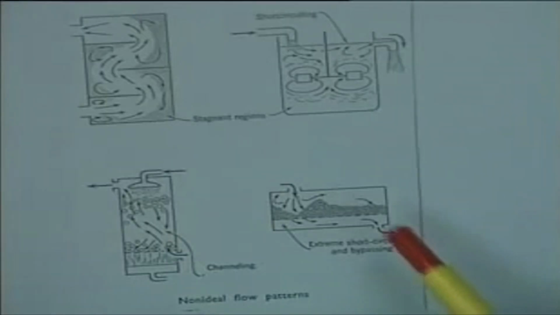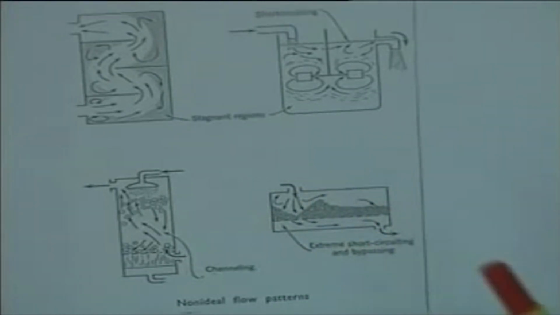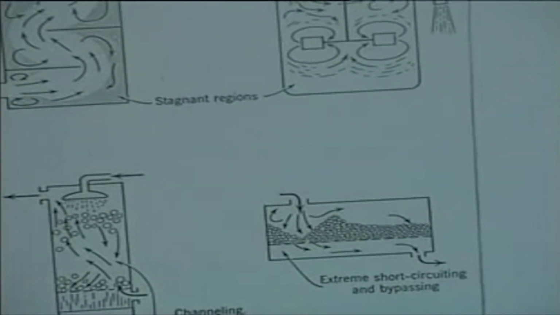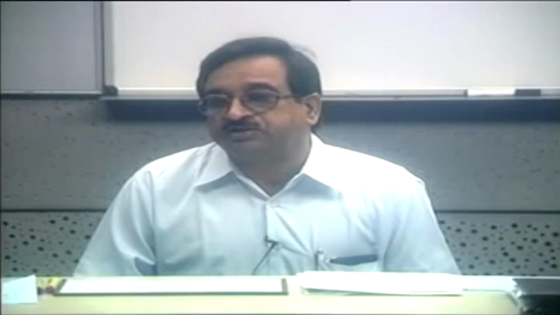Then there might be short circuiting, something like channeling or bypassing, which can also take place in a stirred vessel, whereby you get some kind of non-ideality. In all these situations the performance of the reactor is lowered compared to what we expect from analysis assuming an ideal fluid flow pattern.